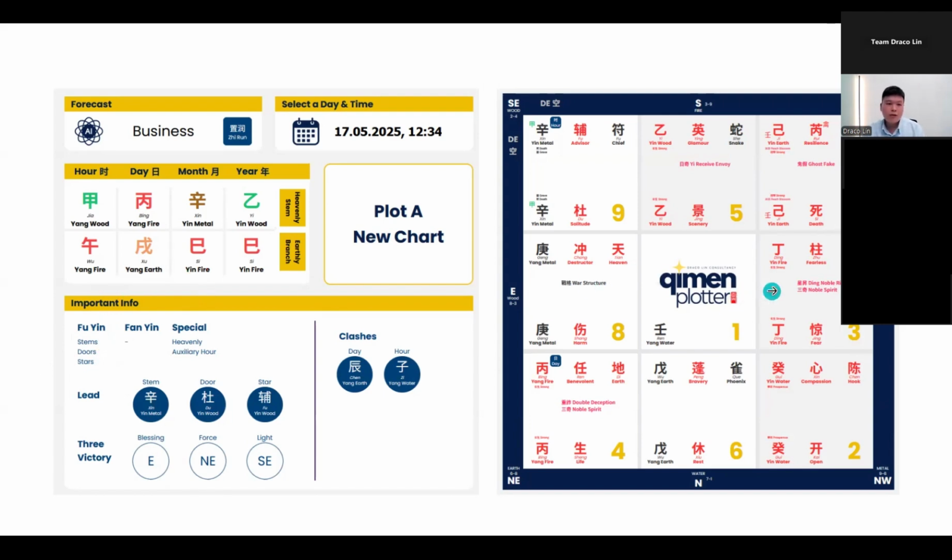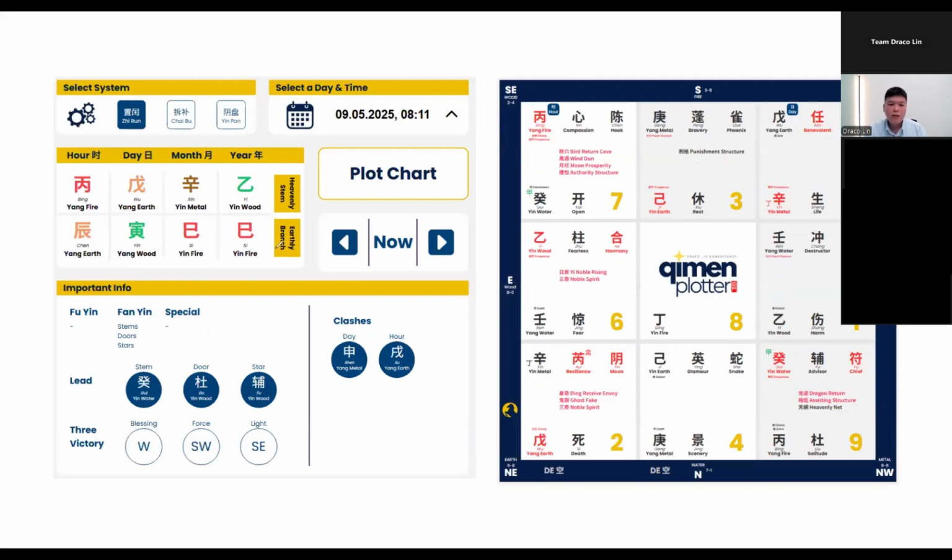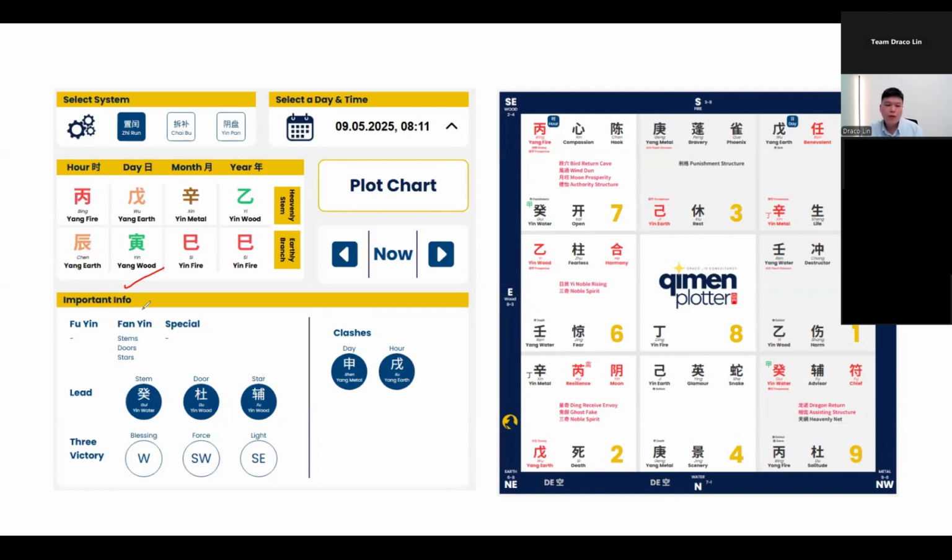The next one I want to show you is another chart. This chart also has important information, and it talks about a funding. This round is funding for the doors, stamps and stars. So in this case, this is a full funding chart.